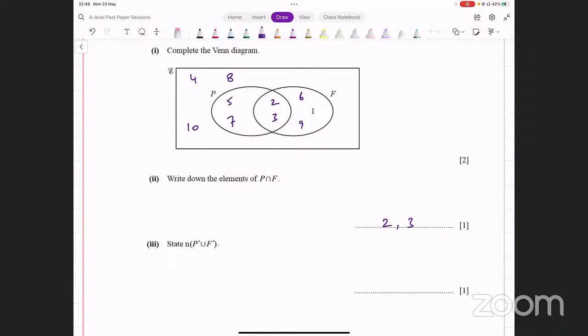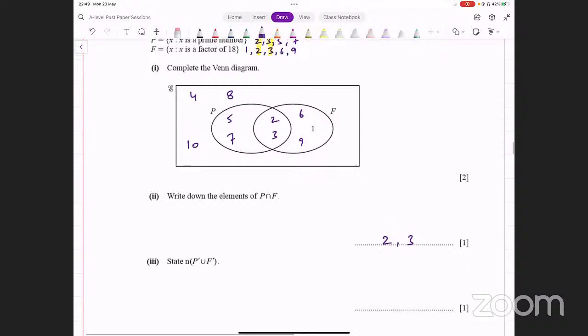Number of elements जो आपके पास इस सेट के अंदर आ रहे हैं. ठीक है, अच्छा how do we think about this? P complement का मतलब है P से बाहर वाला सारा रीजन. Everything outside of P, that's going to be all of this. ये पूरा का पूरा आपके पास P के बाहर वाला रीजन आ गया. ठीक है, this is everything outside P.